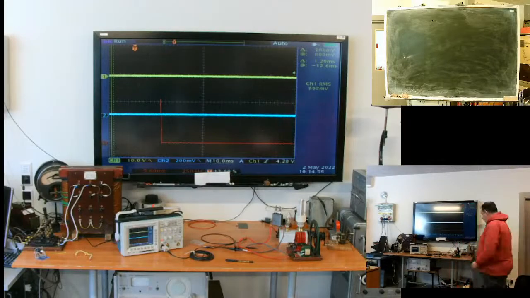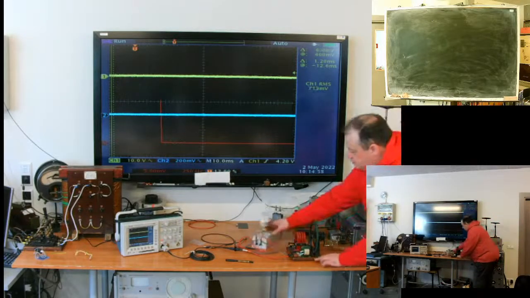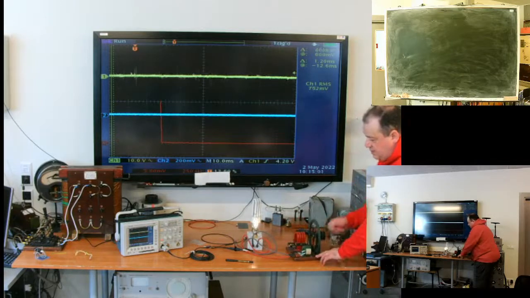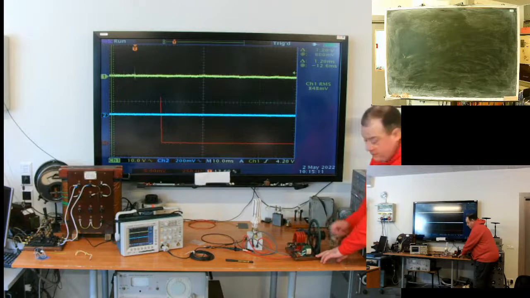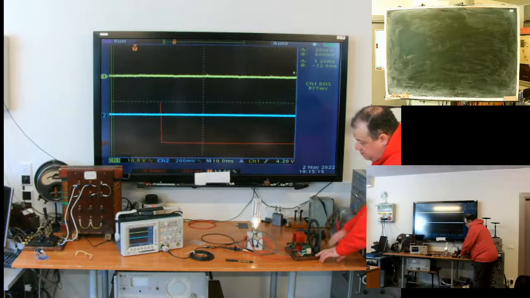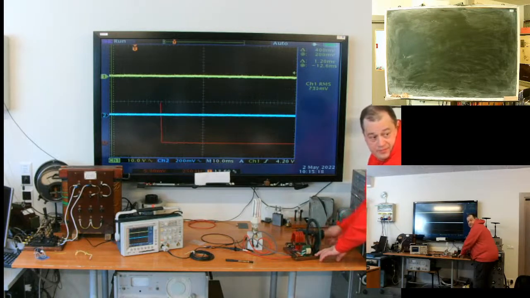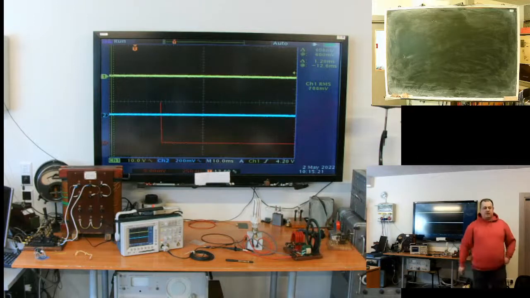Let's see. Yeah, you can see it generates some electricity.